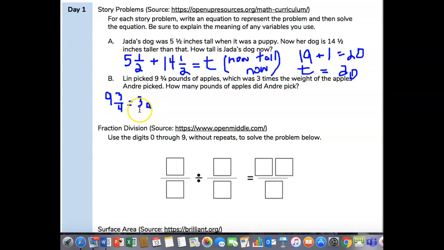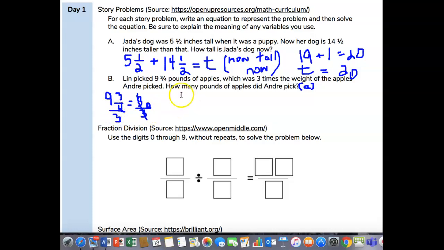Here we will have to do some work because we have to get A by itself. A is the pounds of apples that Andre picked. That's the variable. In order to get A by itself, we have to divide this side by 3. That gets rid of the 3's and leaves A, and then we have to divide this by 3.